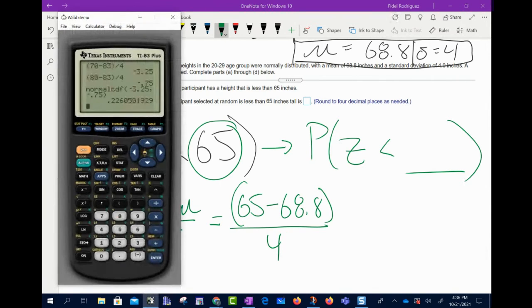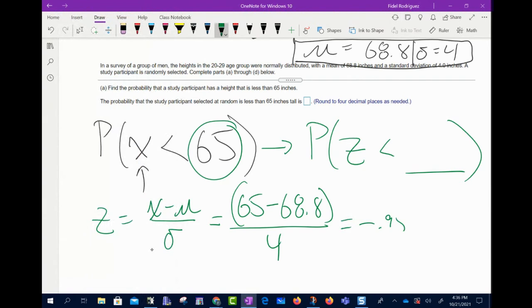So I'm going to take my calculator and ask, what's 65 minus 68.8? Let's close that off, divide it by 4, and we're coming up with negative 0.95. So negative 0.95 is the number that I'm going to have right here.